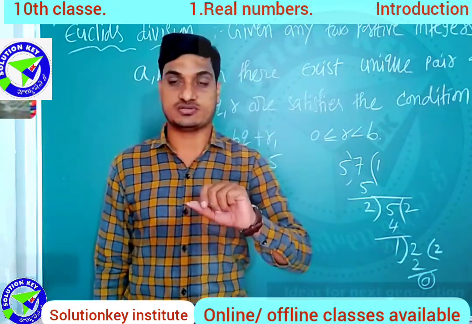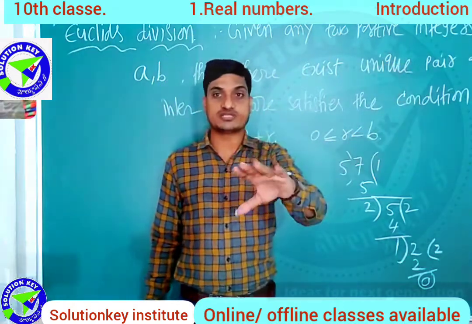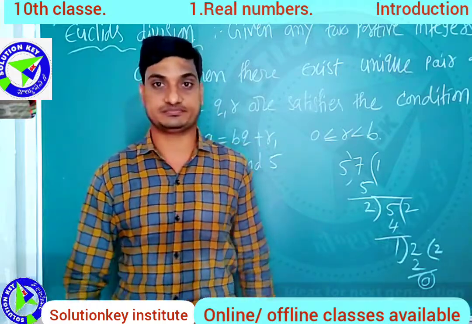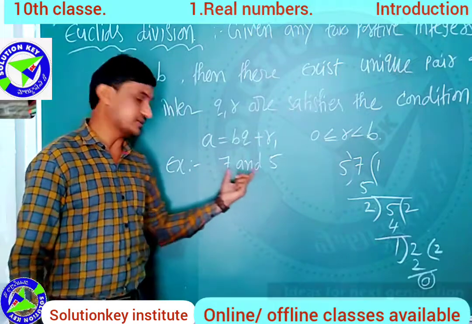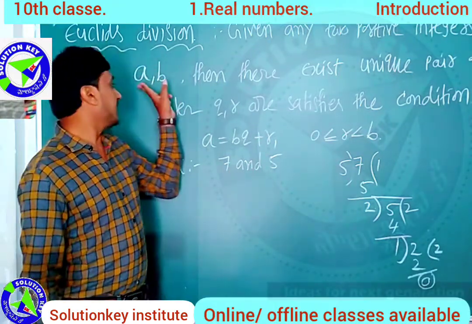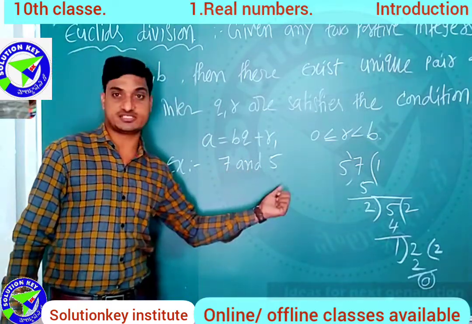Since they gave us two positive integers, positive integers are nothing but whole numbers only. So you take any two positive numbers. I am taking two positive numbers, that is 7 and 5, and a comma b, so this is a and this is b.